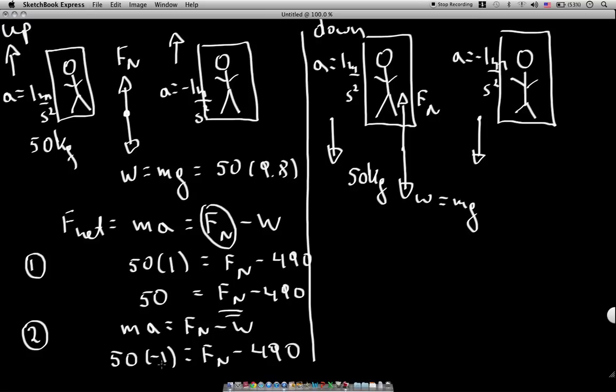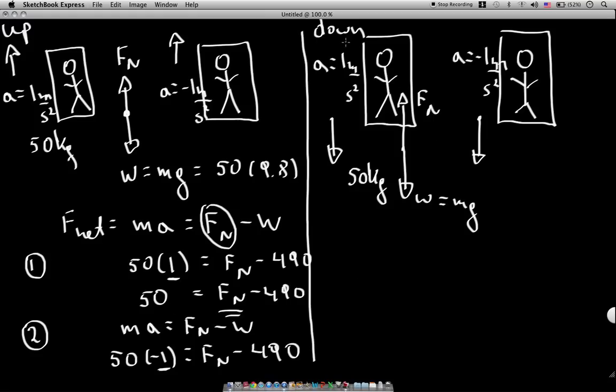So that's the only difference that you have between speeding up and slowing down. And it's important to have Fn minus W because we're going in the up direction. So Fn has to be positive minus W, which is in the opposite direction of movement. So those are the two cases.